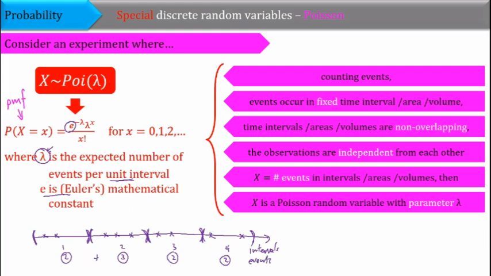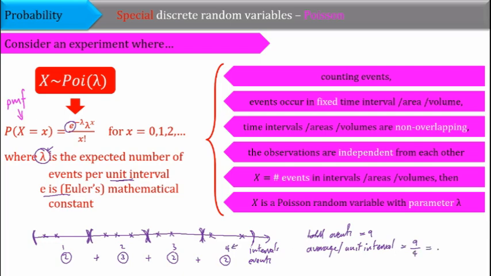So if I take 2 plus 3, that's 5, plus 2, that's 7, plus another 2, that's 9. Then the total events is 9. So the average per unit interval will be 9 divided by the number of intervals, which is 4.